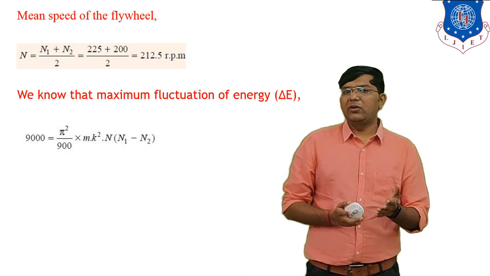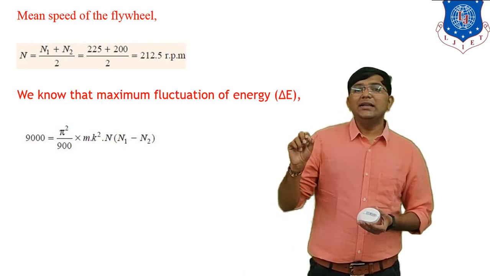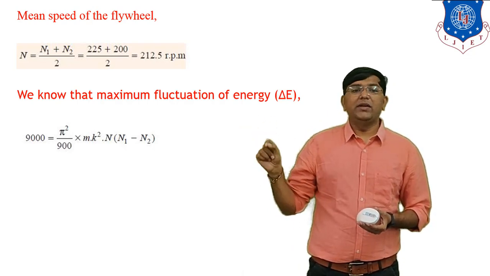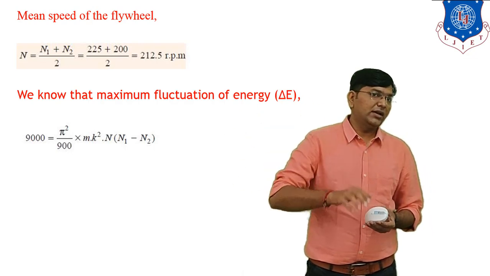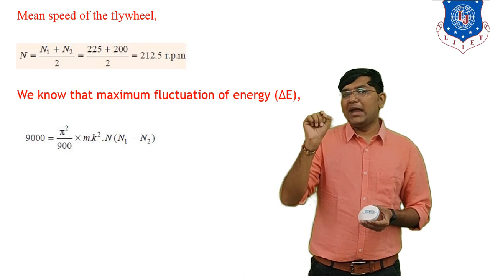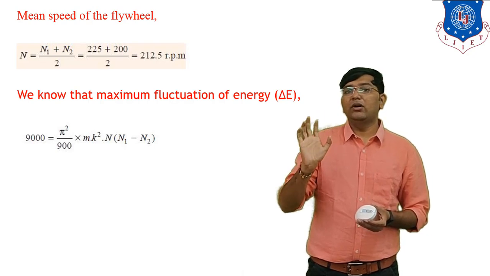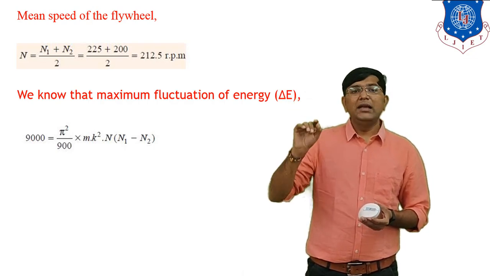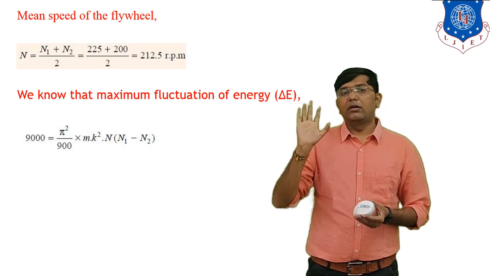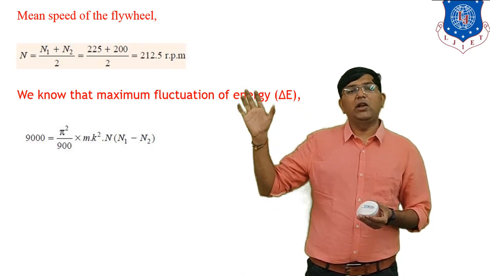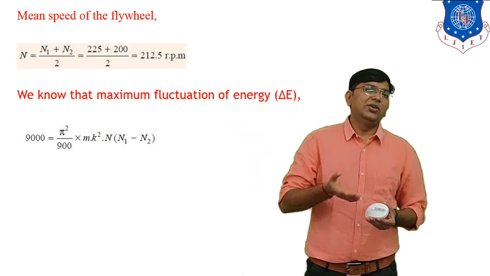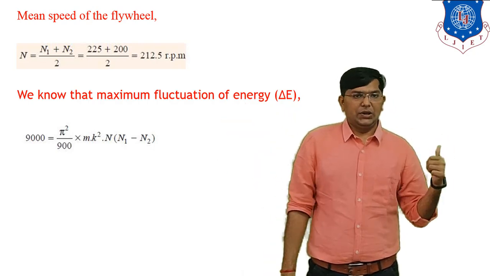Delta E is equal to 9000, and I is equal to mk square. Put the value of m over here, put the value of radius of gyration over here, and instead of omega you have to put 2 pi n by 60. Instead of omega 1, use the equation with N1, and for omega 2, use the equation with N2.